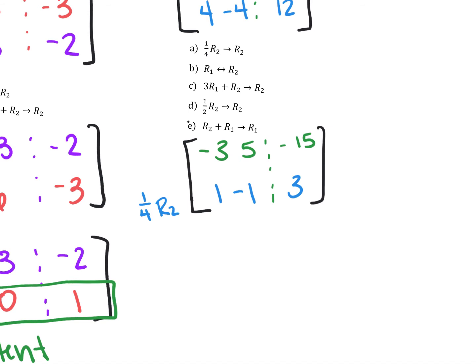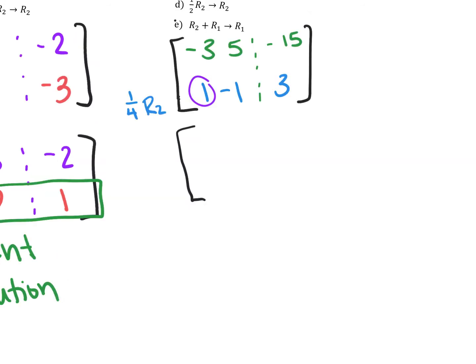Now I have a 1 leading right here, so I want to switch those. So switching row 1 with row 2, R1 and R2 switch out, because I want to put the 1 on the top row in the main diagonal. That's 1, -1, 3. And the bottom row becomes -3, 5, -15.